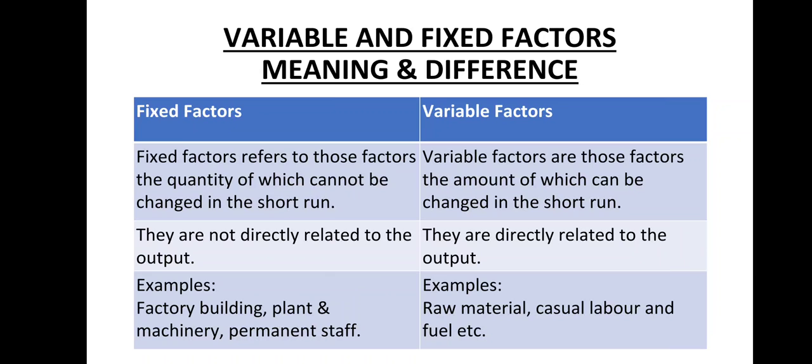As output increases, the quantity of the variable factors tends to increase. The examples of fixed factor are factory building, plant and machinery and equipment and the permanent staff. Whereas under the variable factors, we have raw material, casual labor and fuel, etc.